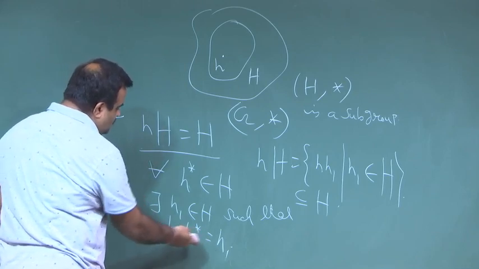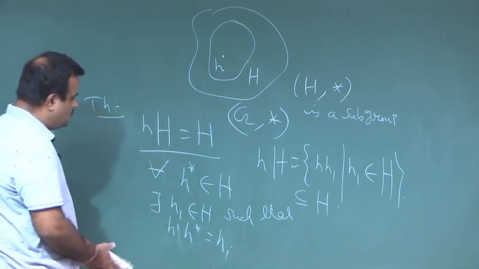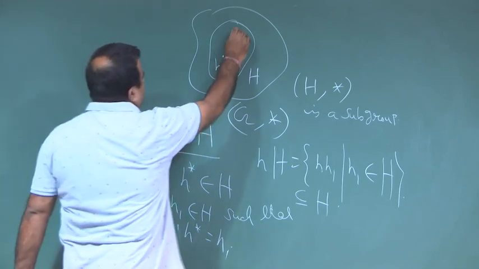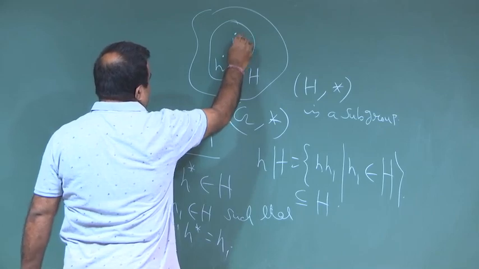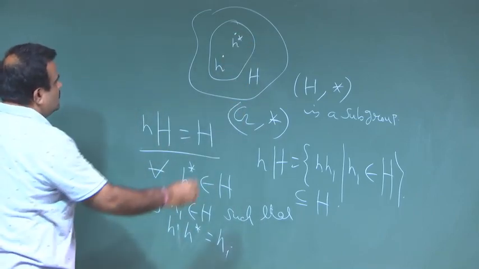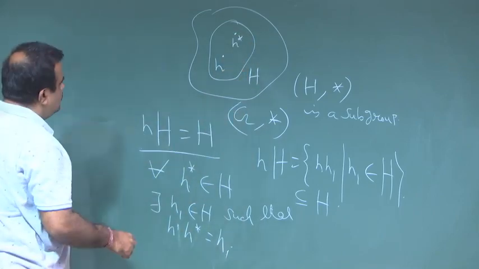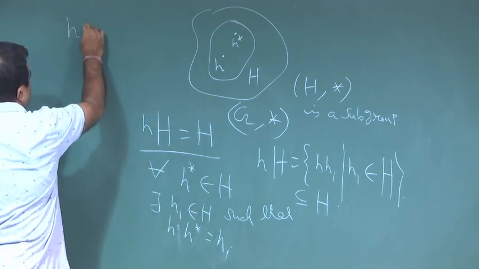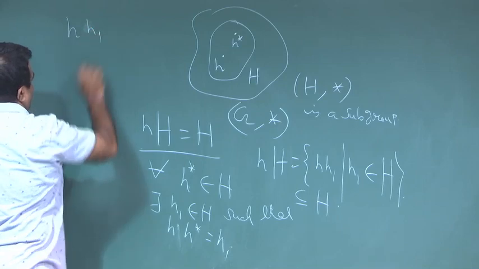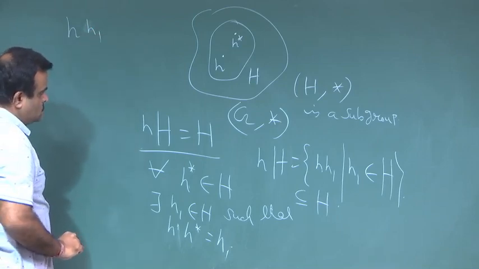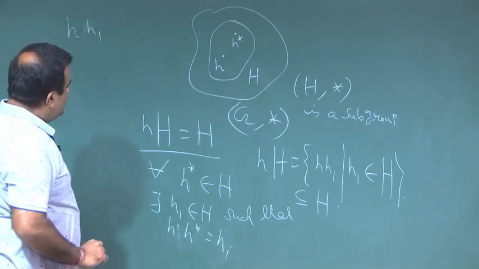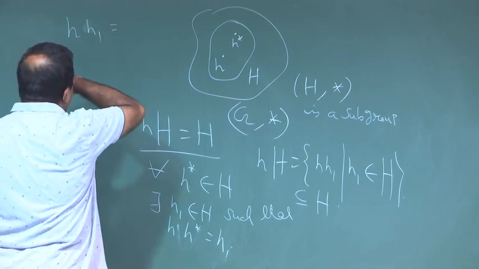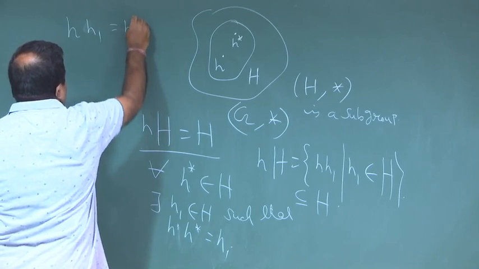We want to show there exists an element h1 here such that A composed with h1 gives us h star.